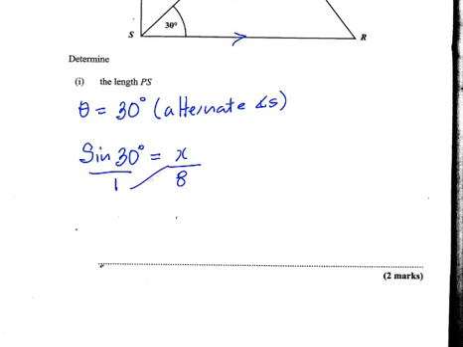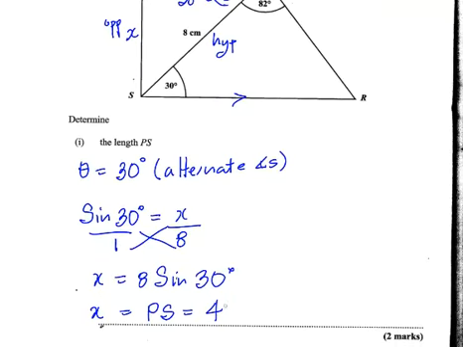So 1 times x is equal to 8 times the sine of 30 degrees. So x, which is the length PS, is equal to 4. The lengths are in centimeters, so PS is 4 centimeters.